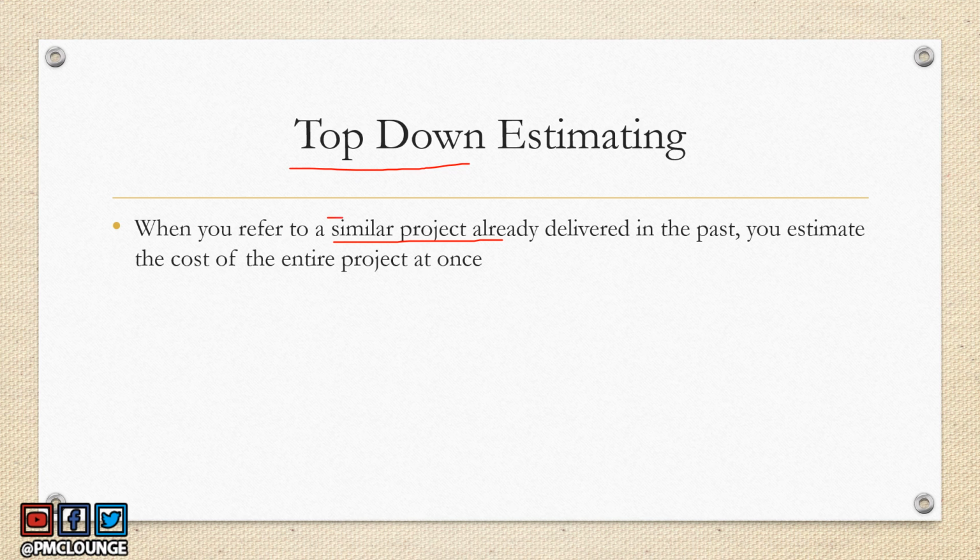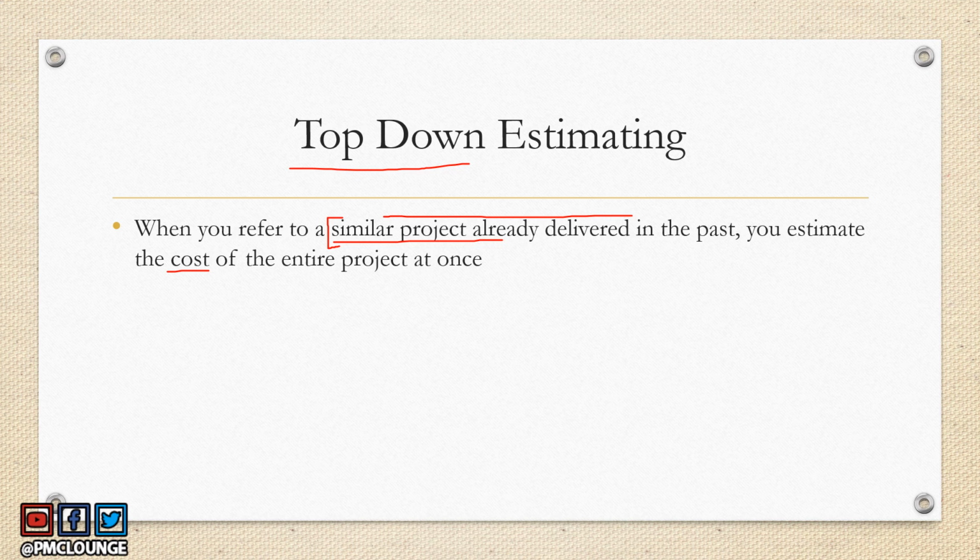So you look at the current project and you find a similar project which was delivered in the past, and then you try to understand what was the cost of that past project, and you kind of make out that similar cost will apply to this current project because both the projects are basically similar. So that is the crux of the top-down estimating technique or the analogous estimating technique.